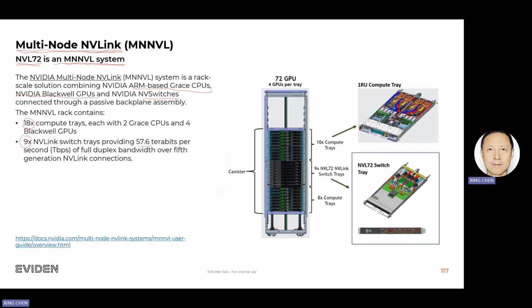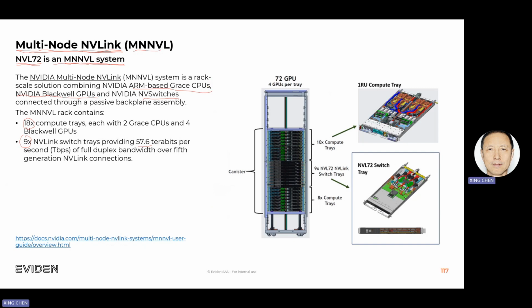The most popular one is 72, and the maximum could be 256. One very important difference from the previous generation systems with NVLink domains is that right now, for this kind of solution, the NVLink domain is always MNNVL, a multi-node NVLink domain. Okay, so we need to stop here.